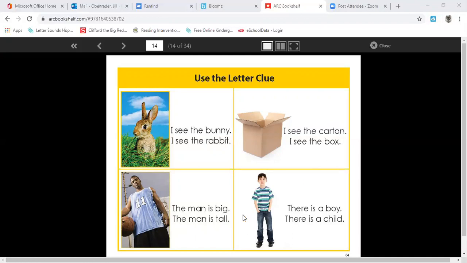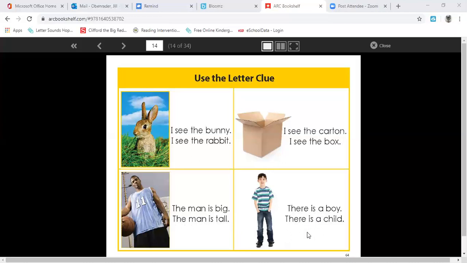How about we try this one? The two sentences say, the man is big. The man is tall. So you have to look at that sentence, and the man is, they are the same in both. But I said the word tall. So tall would start with the letter T. So this is the one that we would be looking at. And then this one, they both say there is a.